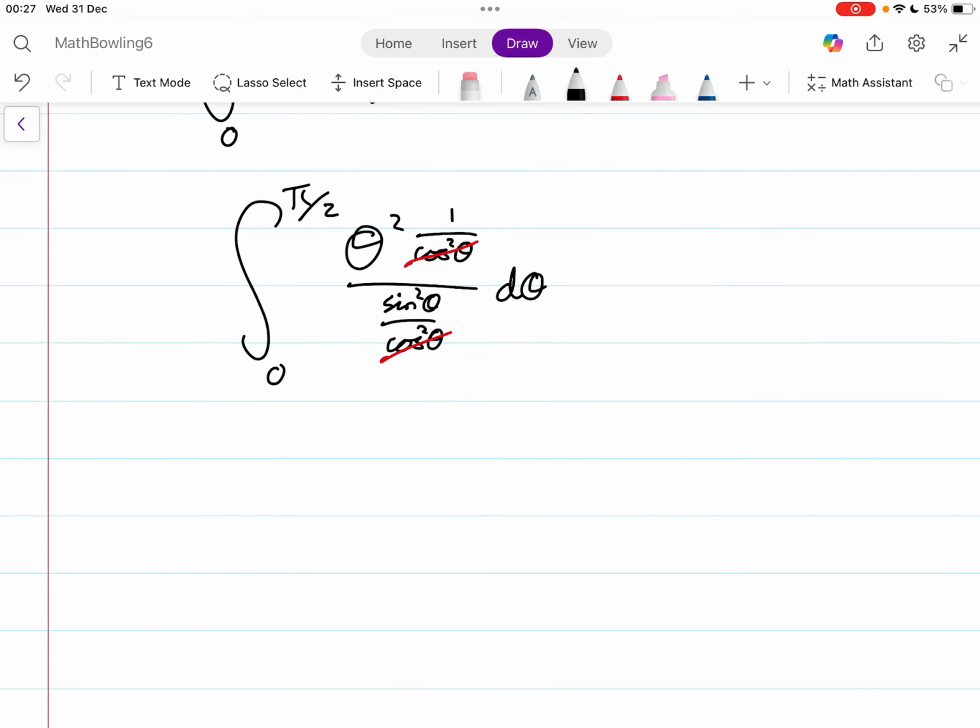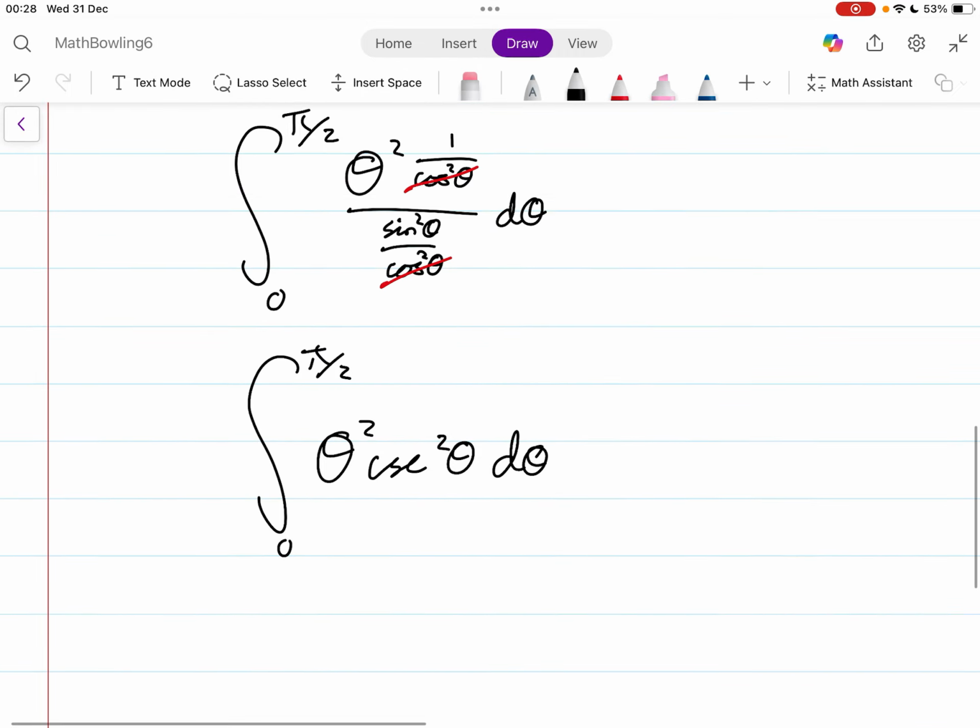And then we've got theta squared over sine squared, which is going to be theta squared cosec squared theta. I like to write my cosec as CSC, just because it makes it three letters like the rest of them. So that's how I'm going to have it.